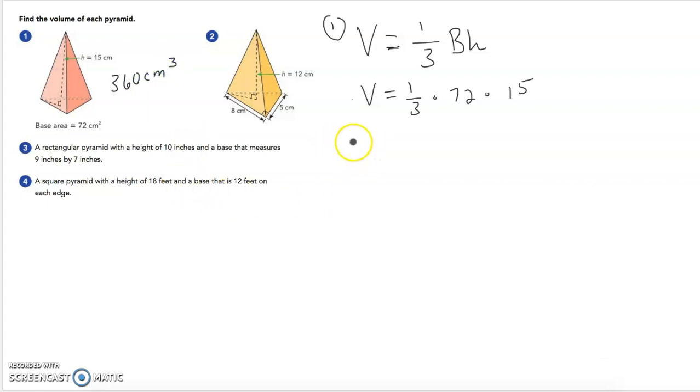All right. So number 2, it says here, so again, it's volume equals 1/3 area of the base times the height. This base is a triangle.